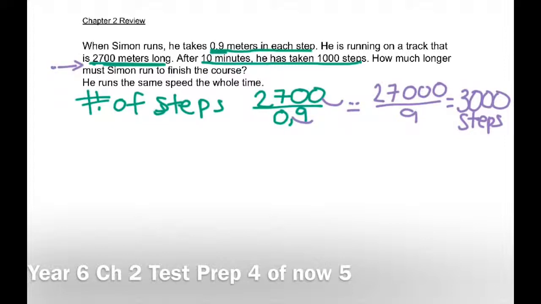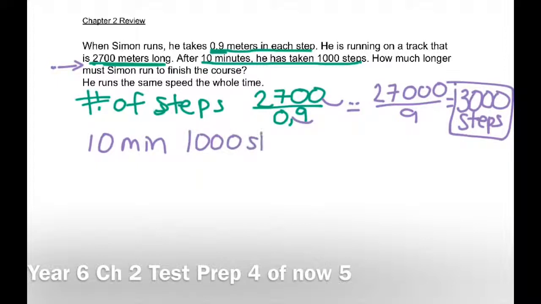Now the question asks, how much longer must Simon run? So let's figure out how many steps he needs. So he needs to take 3,000 steps. And it says in 10 minutes he went 1,000 steps. So how many steps would be left? If he needs to go 3,000, he's gone 1,000.